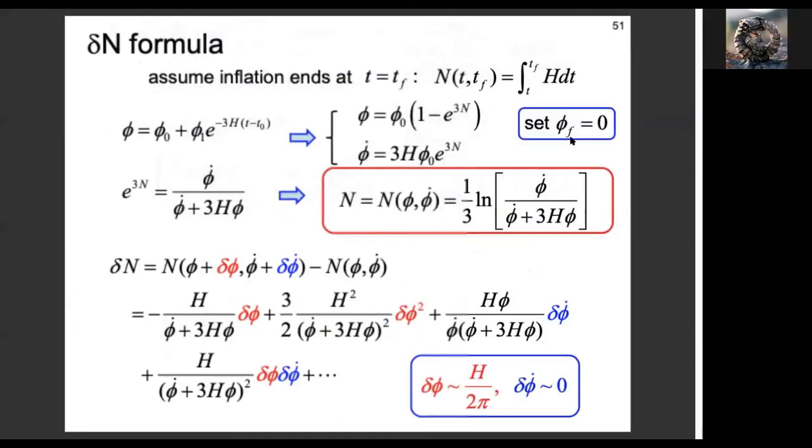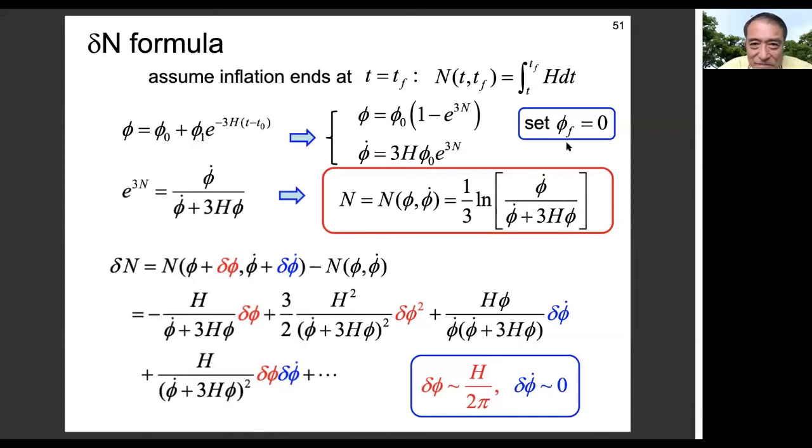Yes, I think so. So you use this shift symmetry of the background scalar field. You can do this all the time in this particular model.